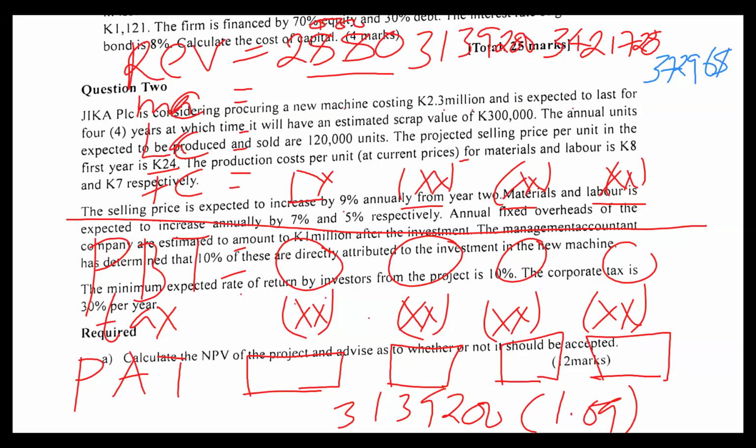There's a 0.52, there's a 0.5, so you can leave it at 84.